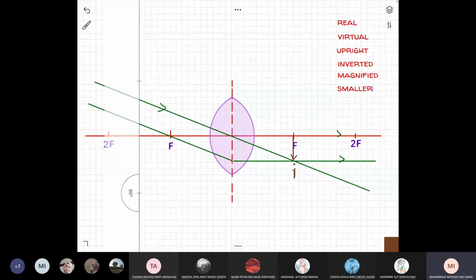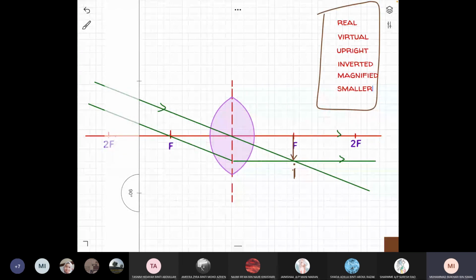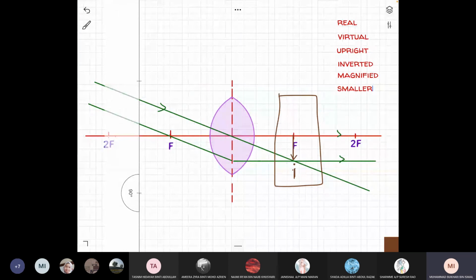Now we need to pay attention to the characteristics of the image. First, you can see that there is an intersection. When there is an intersection, if you put a screen here, you can see the image of the object.